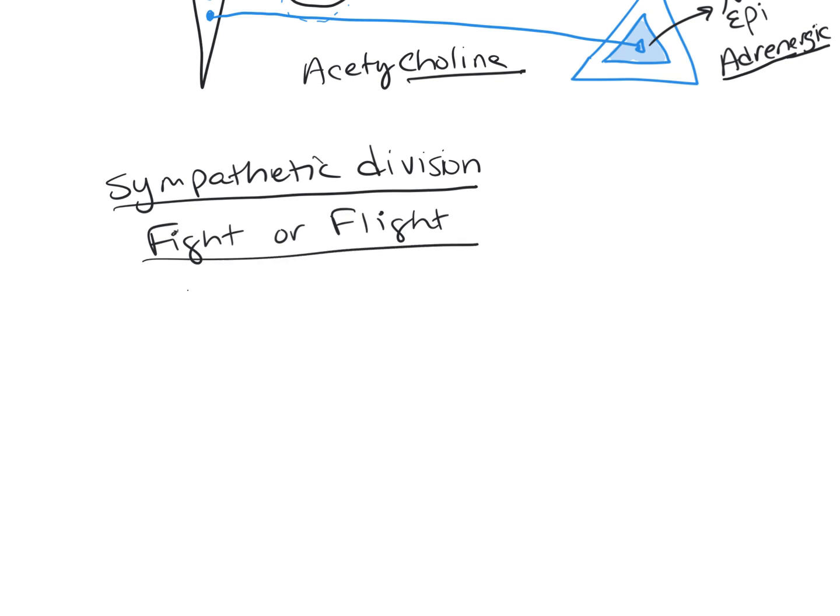And if we look at some of these common effectors, like the pupils, think about, if you see a bear or if you get really scared, what's going to happen to your pupils? Your pupils will dilate. What's going to happen to your heart? Your heart is going to beat faster and beat stronger.